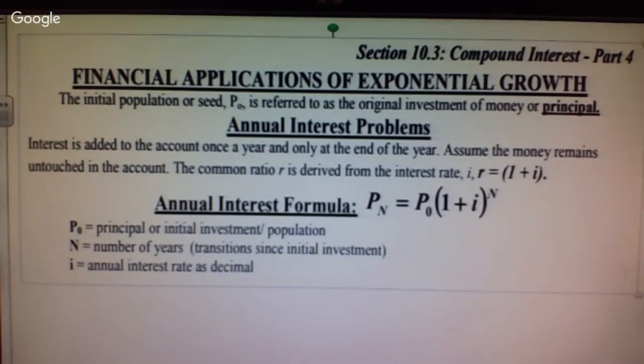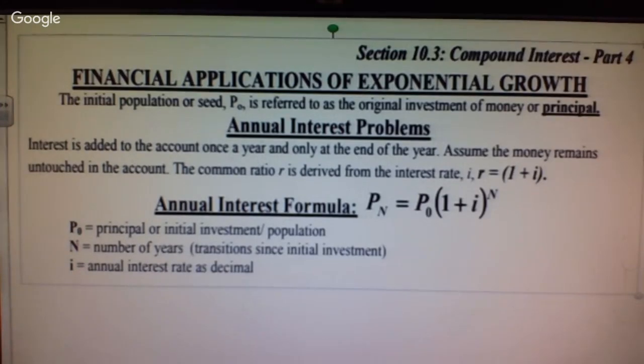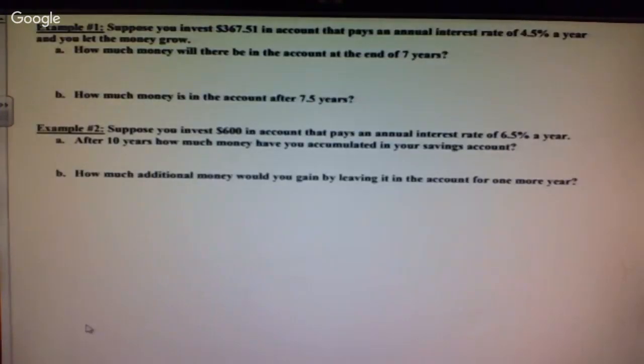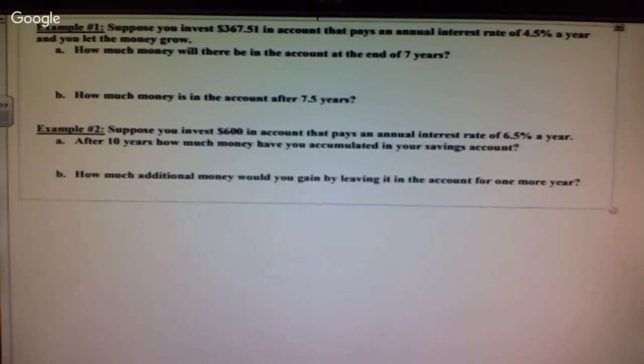P sub 0 is your principal or your initial investment. How much money am I putting in? Obviously, if we're gaining interest, we're going above 100. So that's why we've got 1 plus I. I represents the annual interest rate as a decimal. And then we raise that to N, which is your number of years. Okay? So, let's talk these.